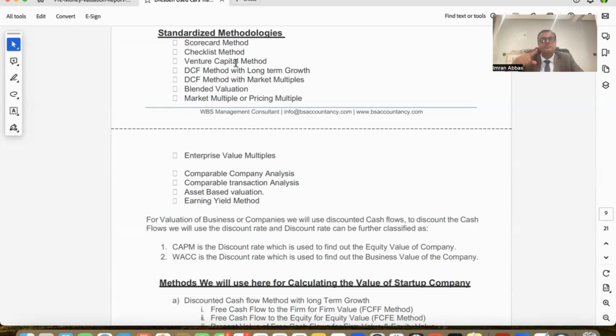If you see the DCF method with long-term growth, DCF would always be calculated for companies which are at a high stage.